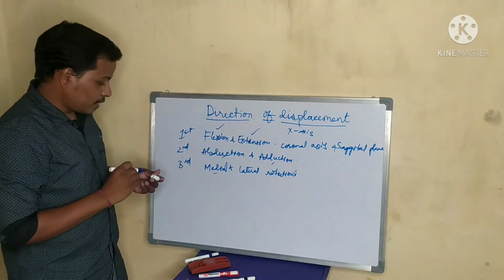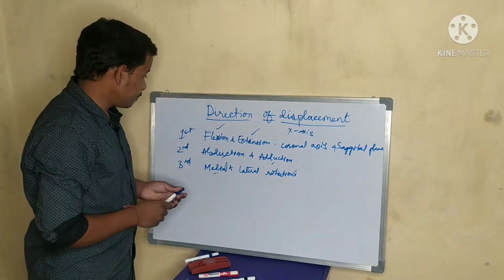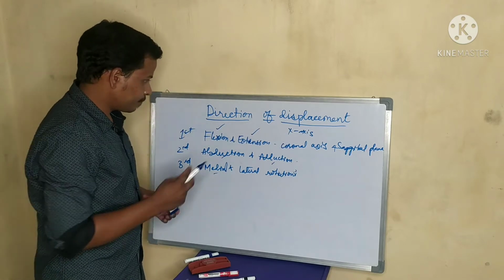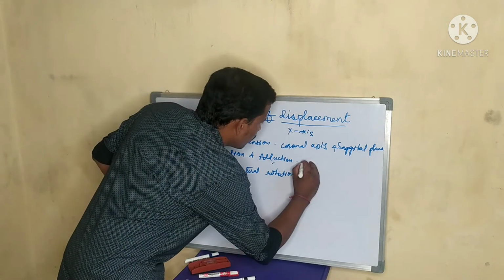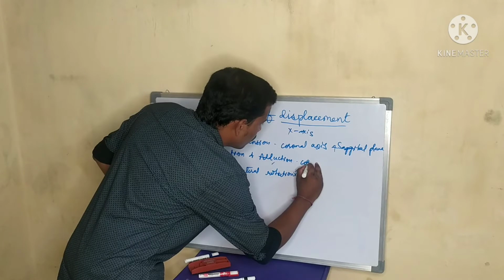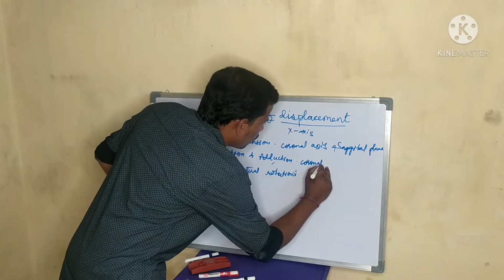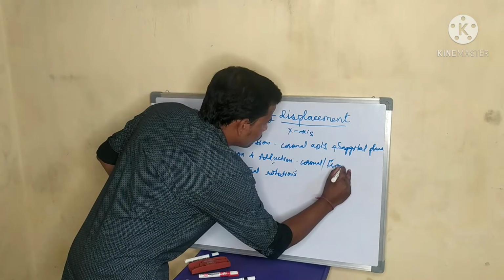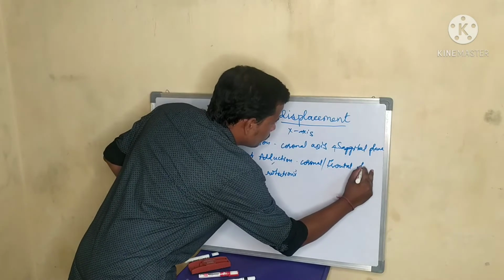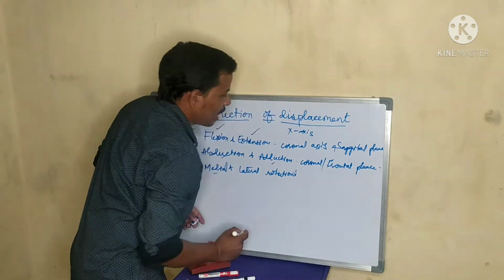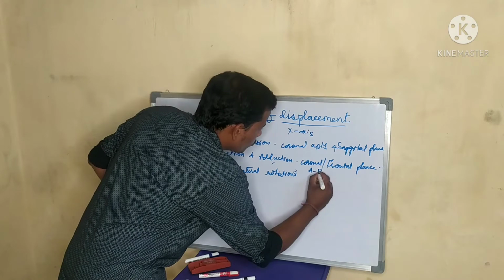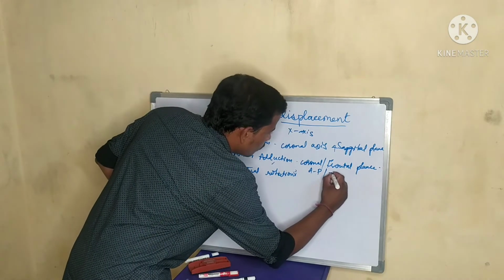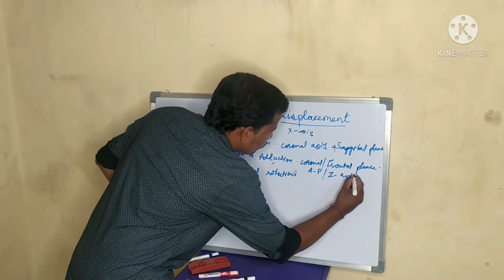Now abduction and adduction occur in the coronal or frontal plane and around the anteroposterior or z-axis.